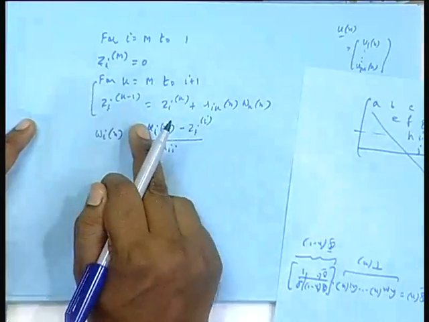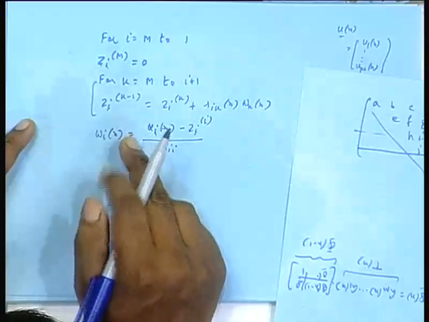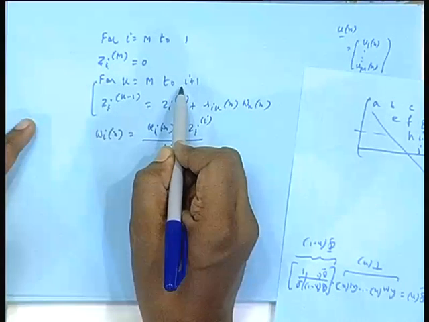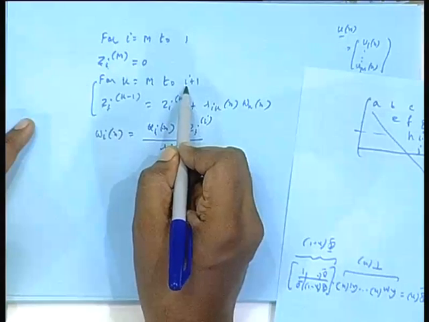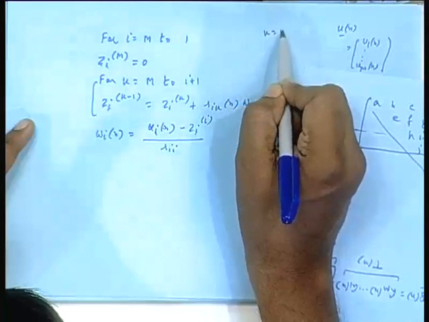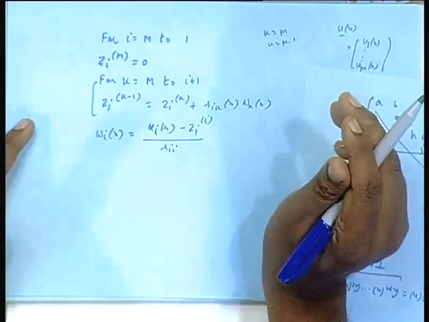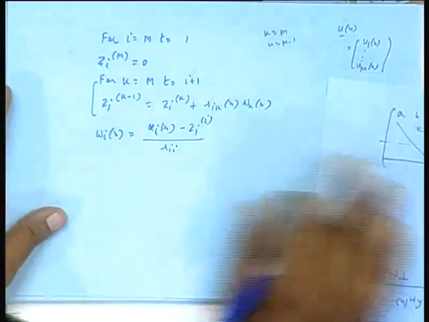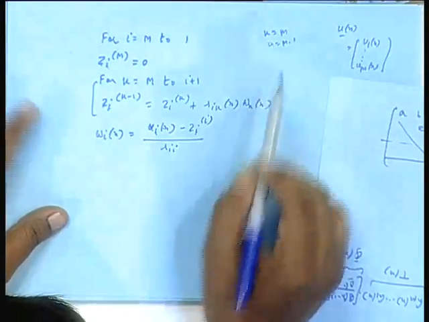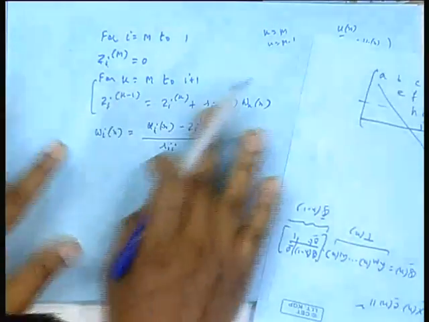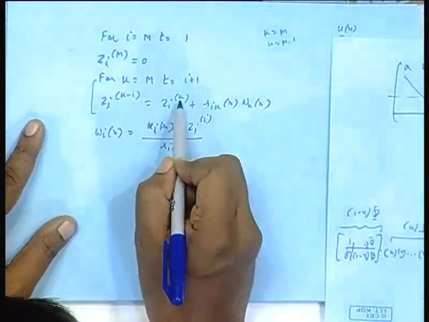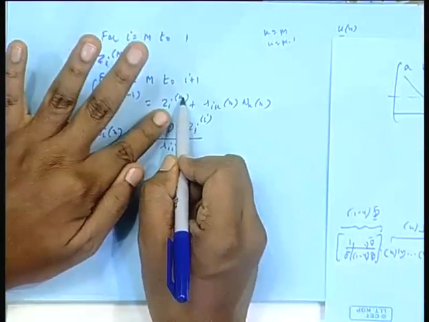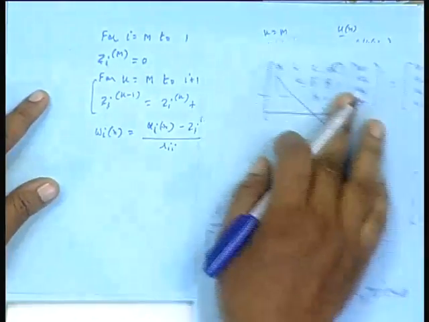Then you go for i equal to m minus 2. I equal to m minus 2 means k equal to m, then m minus 1. Twice, k equal to m means, whenever k equal to m, this top value is 0, because to the right of this there is nothing. That is why this is 0.